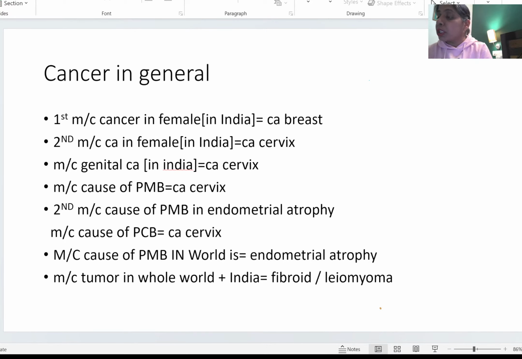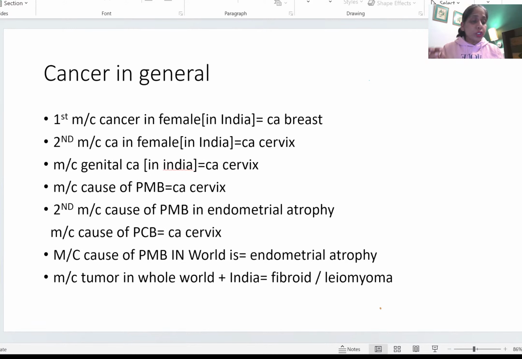The most common cause of postmenopausal bleeding in India, whether India is written or not, is CA cervix. For both postmenopausal bleeding and postcoital bleeding, the most common cause is CA cervix. And the most common cause of postmenopausal bleeding in the world is endometrial atrophy.